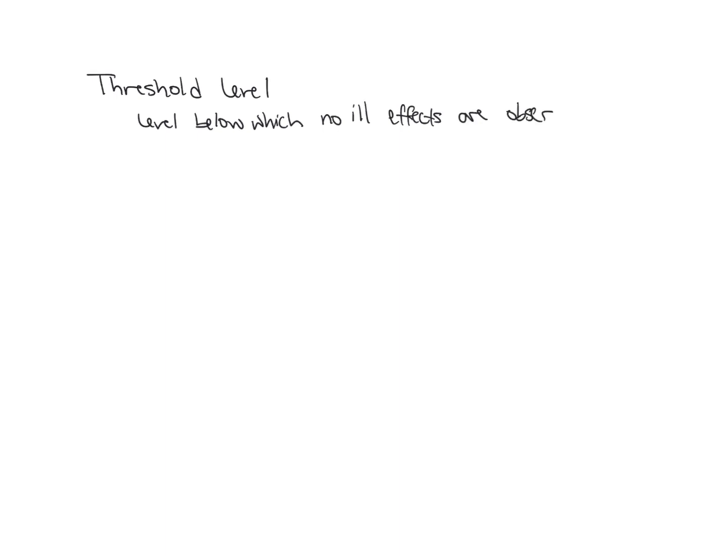In addition to dose and dose response, you can also talk about threshold level. So threshold level is the level below which no ill effects are observed. When you get above the threshold level, the effect of the substance is going to depend on both the concentration and the duration of the exposure.